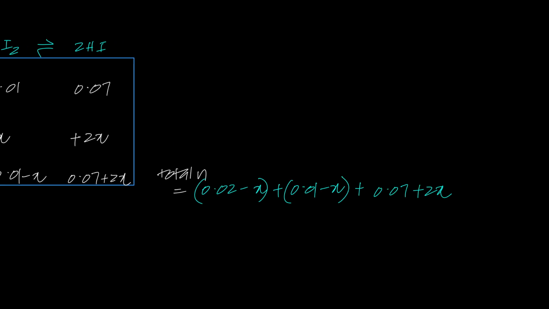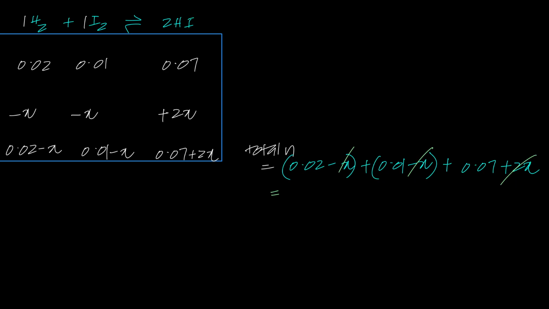Fun fact, look at this beauty. 2x cuts out with this, and you're left with just figures. What are you left with? 0.02 plus 0.01 plus 0.07. I think that's 0.1 moles. These are the total moles. Let's calculate the partial pressure now.